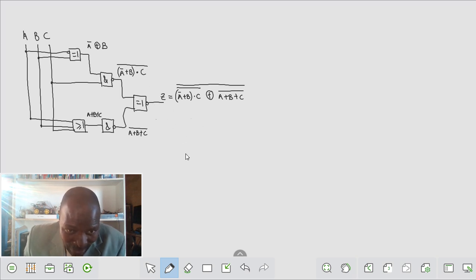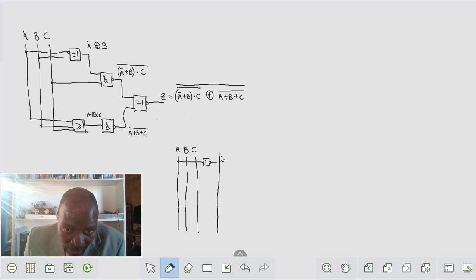Let's see if we can copy. Let's say we want to copy them. How would you copy? We have three inputs: A, B, and C. I have node A, and that means an inverter, so I could have a node A there. I could take my node A and also have node A after inverting.